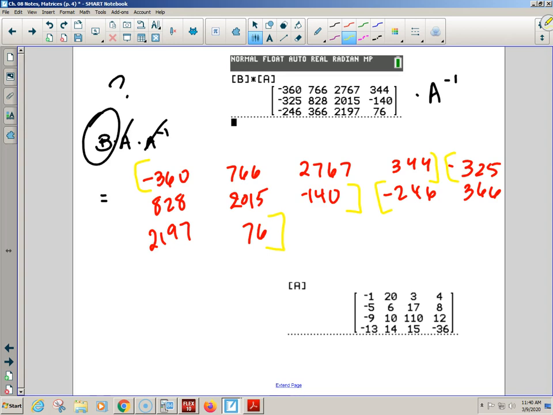The inverse. Oh, you can just do times the inverse button. Is that one for yours?